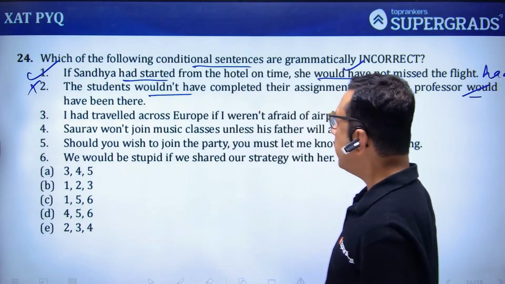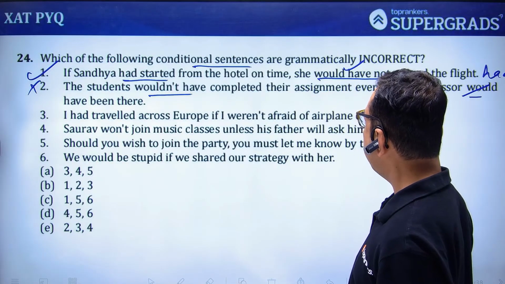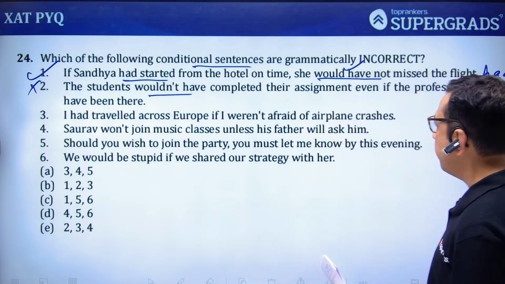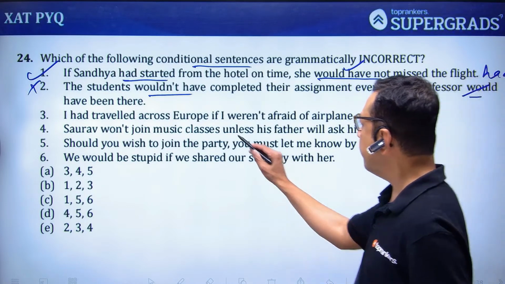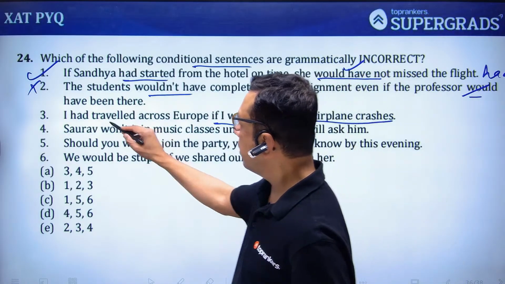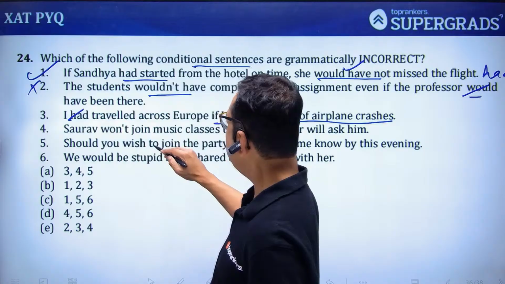I had traveled across Europe if I weren't afraid of airplane crashes. So if I weren't afraid of airplane crashes, I had traveled नहीं होगा, right?